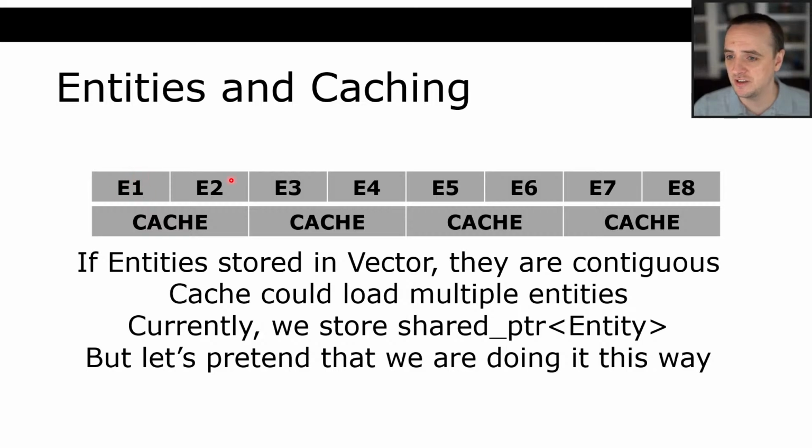So this is what's happening. We have our entities. We may have these entities that are cached, right? If entities are stored in a vector, they are contiguous. So we may have entire entities, like 2 entities in the cache. But currently, we're storing shared pointers to entity. But let's just pretend that we weren't storing shared pointers to entity, and we actually do have this sort of structure going on.